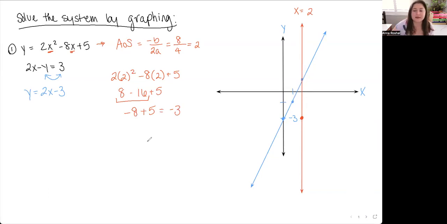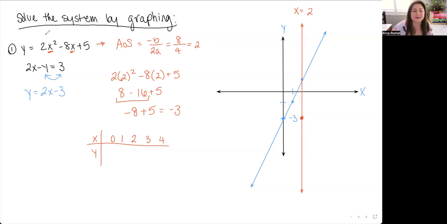Now, next thing that I know is I can do a couple of things. I can make a table where the center point is going to be the value 2, then I'm going to have 1, 0, and I'm going to have 3 and 4. So I can figure out where my graph is going to be placed.